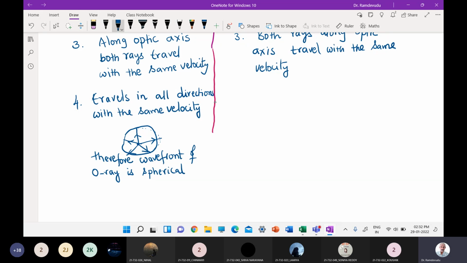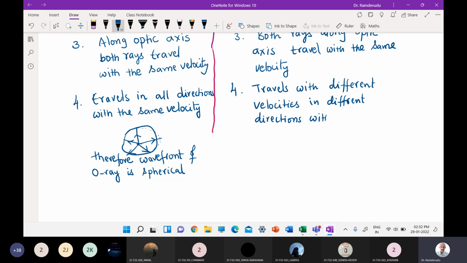But in case of the E ray, it travels with different velocities in different directions within the crystal. That's what the anisotropic property actually is. Because the doubly refracting medium is important, within that medium only we get all these changes.